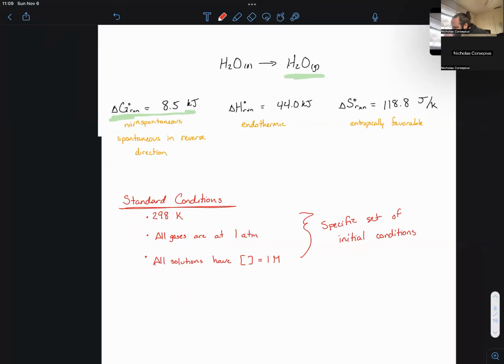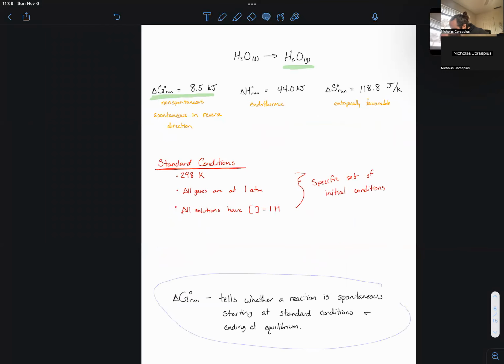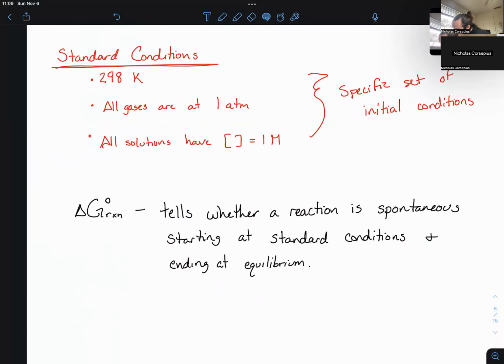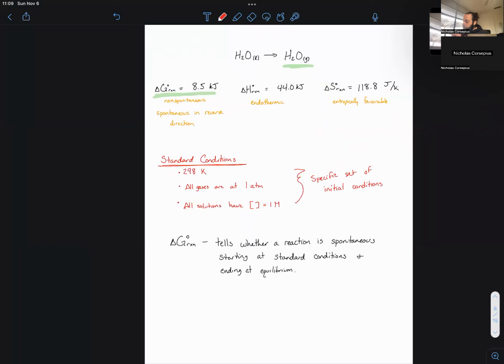Right. And so we can update what our delta G is really telling us. Our delta G naught, rather, is really telling us whether a reaction is spontaneous if you're starting it at standard conditions. Right. That tells me whether or not that reaction above is spontaneous if I were to start at a water vapor pressure of 1 atm.